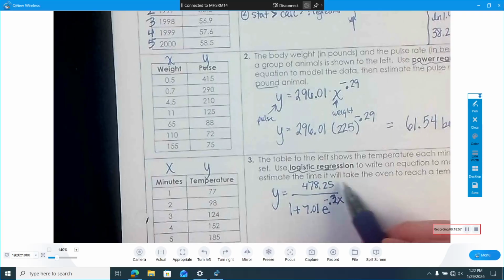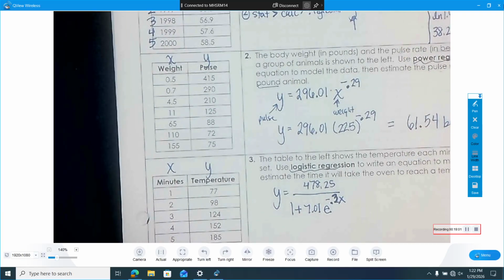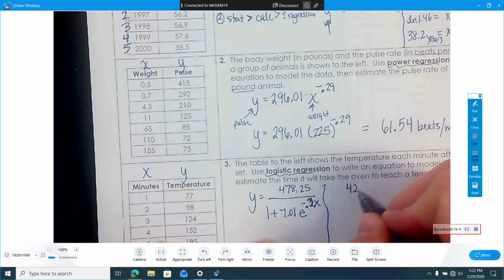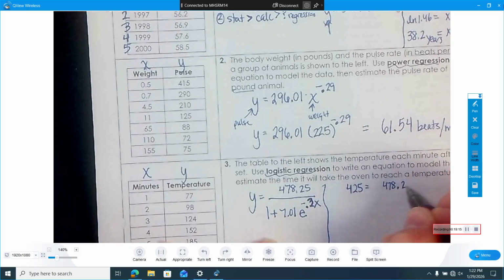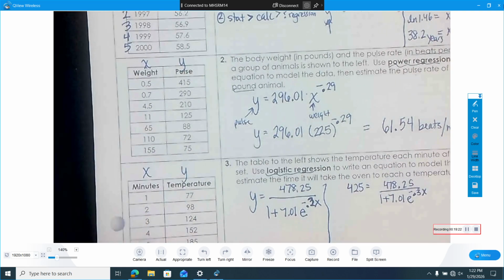So we want to estimate the time it'll take the oven to reach a temperature of 425 degrees. Where does that 425 go? In place of y. Good. All right, so we have 425 equals 478.25 over 1 plus 7.01 e to the negative 0.3x.